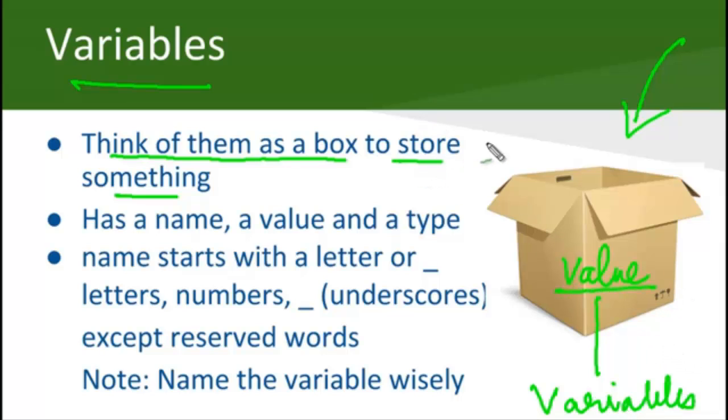Each variable or each box has a name, then it has a value. And the third thing is that there is a type associated with each value that goes in the box.